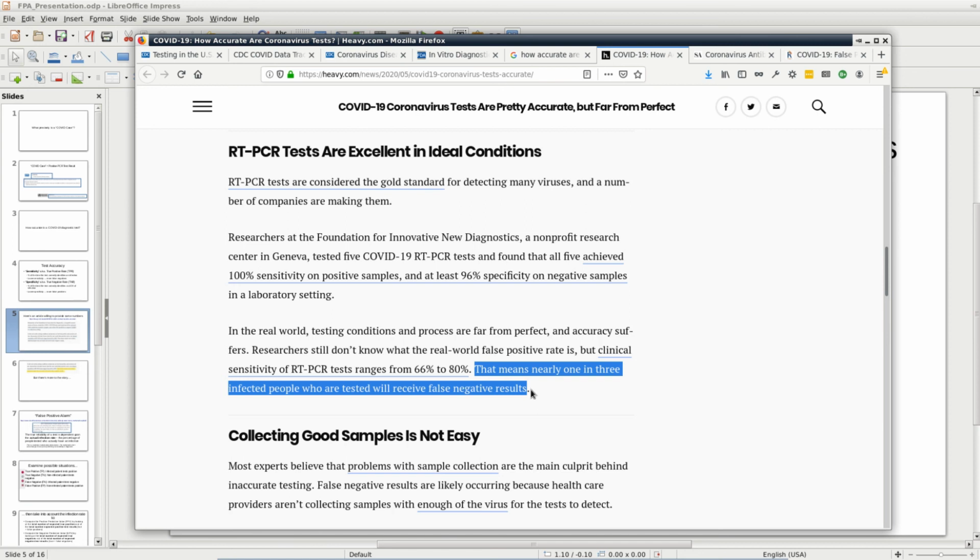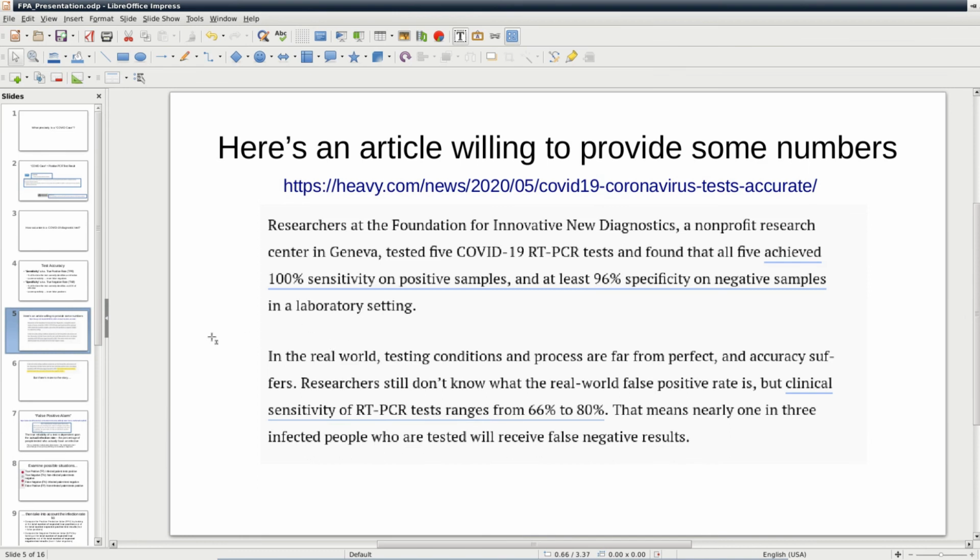But a false negative, that's the scary one, because if you're infected, you go out and get other people infected, and that's a big problem. That's what I'm finding in all the articles: they have this scary thing about false negatives, but then don't really pay much attention to false positives. So that's an interesting observation.